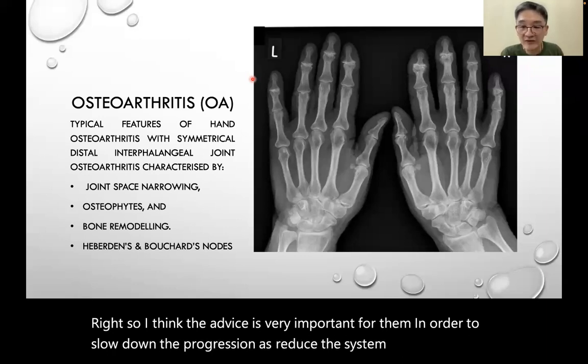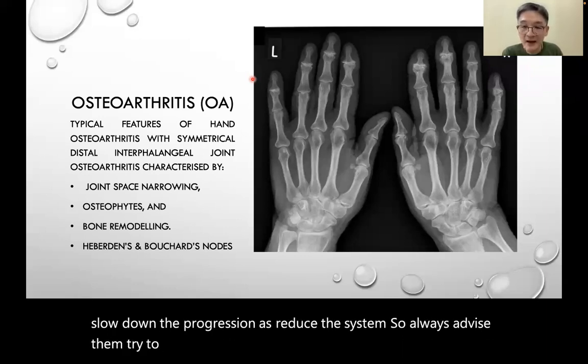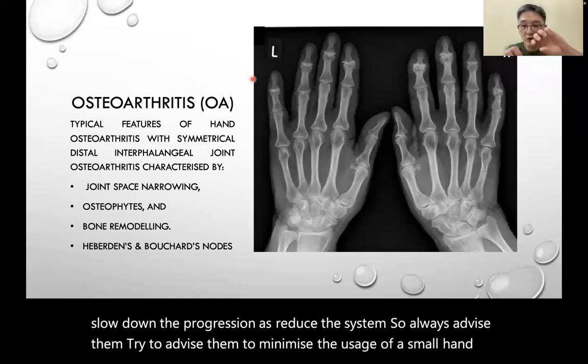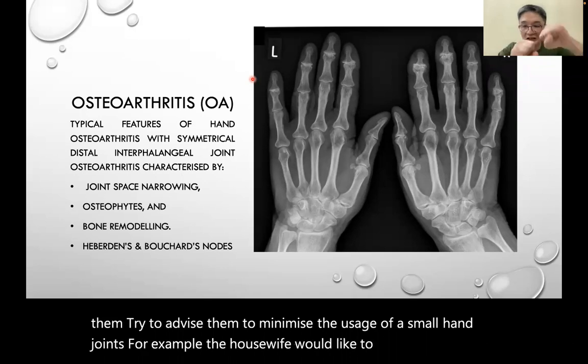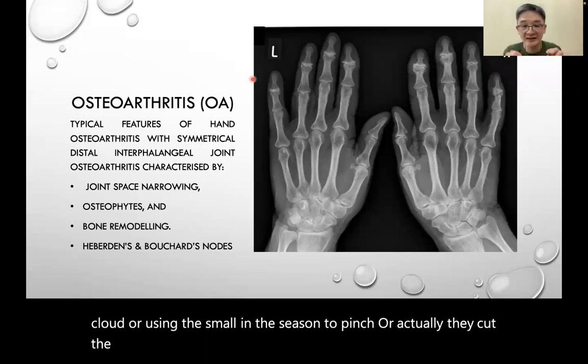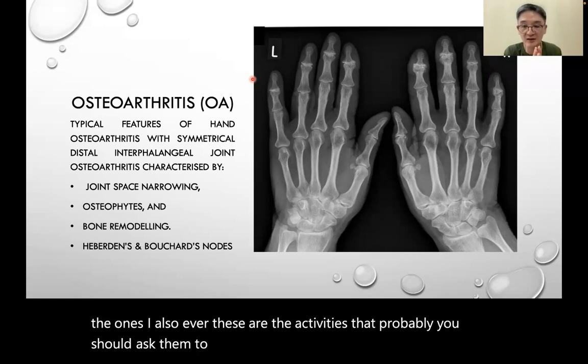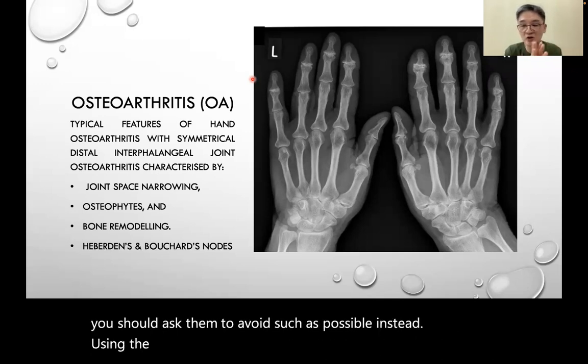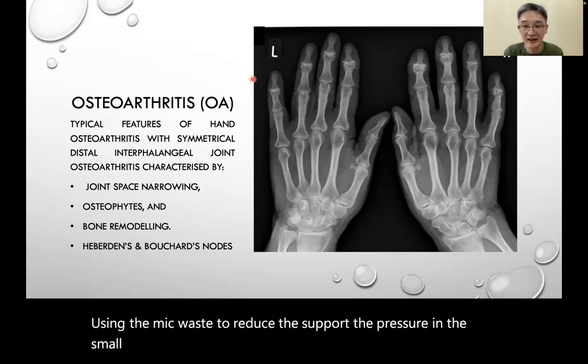So always try to advise them to minimize the usage of the small hand joints. For example, the housewife who likes to twist and turn the cloth, or use small scissors to pinch or cut the bonsai or whatsoever. These are activities that you should ask them to avoid as much as possible. Instead, use ergonomic ways to reduce the pressure on the small joints. Another thing is to pace out their activities.